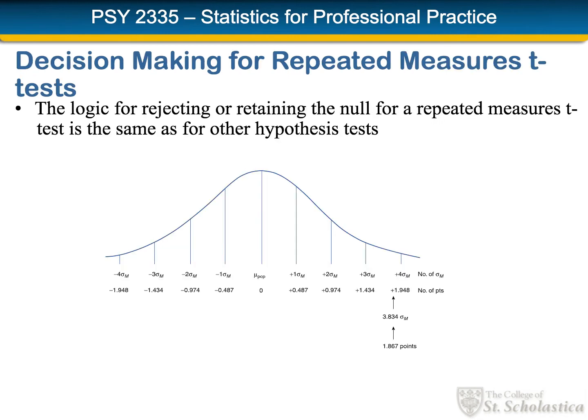Our textbook has chosen to show extreme value situations for most of the examples. So when we look at these curves and they're showing us our actual t-value or our actual estimated standard error, it's showing us situations that are pretty far in the tails.